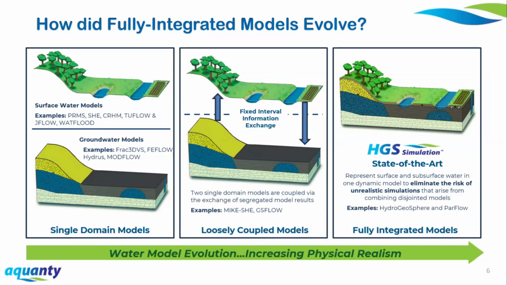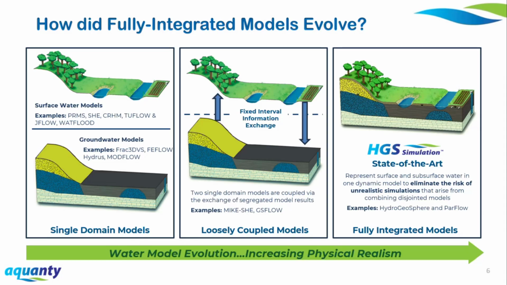The middle panel is the transition, with what we call loosely coupled models. They include separate surface water and groundwater modules, and the passage of information like fluxes between the two models occurs at a certain time in the solution. Good examples of loosely coupled models would be MIKE SHE and GSFLOW.